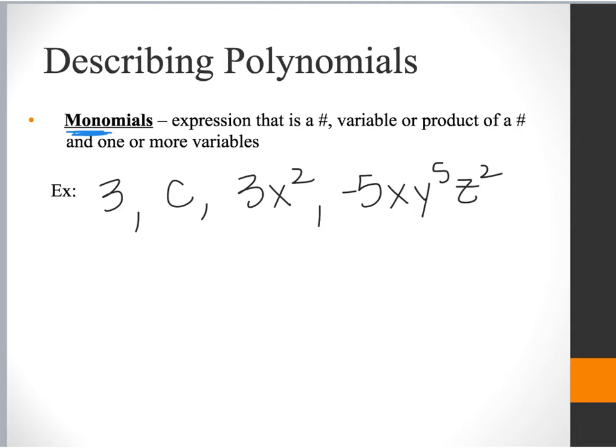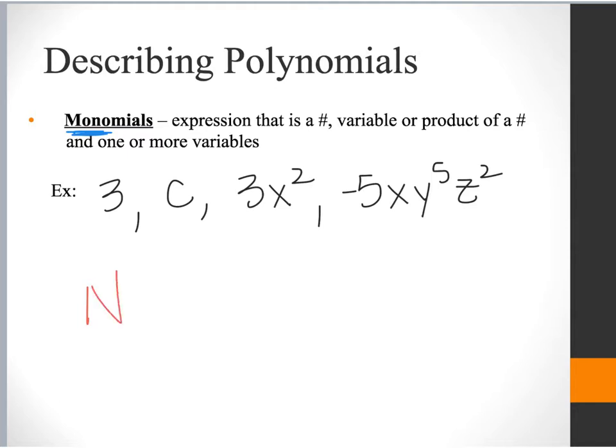But the key piece is that it's either going to be a product of some numbers and/or variables. It could be a single number or a single variable. Okay, but if you look at any of these terms here, it will never be something that is added or subtracted.